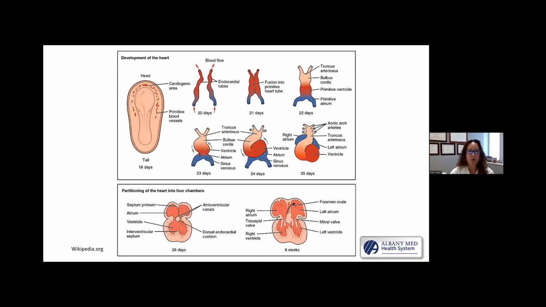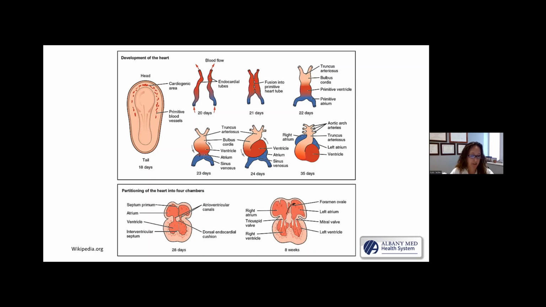I won't go into too much detail about the embryology, but this begins with the formation of two endocardial tubes, which merge to form the tubular heart, also called the primitive heart tube. The heart is the first functional organ in vertebrate embryos. The tubular heart quickly differentiates into the truncus arteriosus, the bulbus cordis, the primitive atrium, and the sinus venosus.